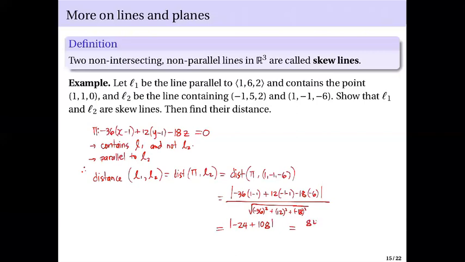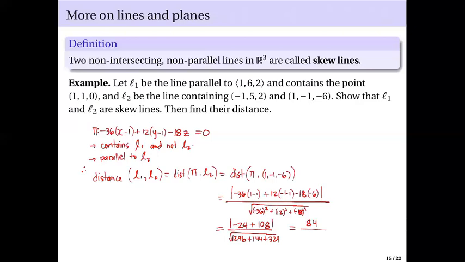Okay. For the denominator, we have the square root of 36 squared, we have 1,296, plus 12 squared, that's 144, plus 18 squared, we have 324.